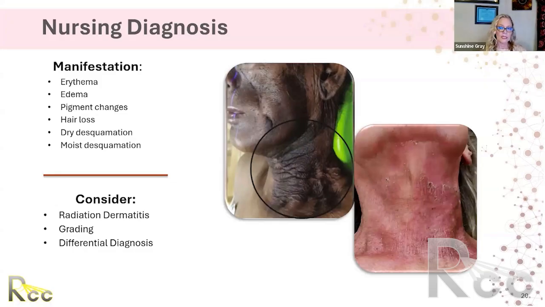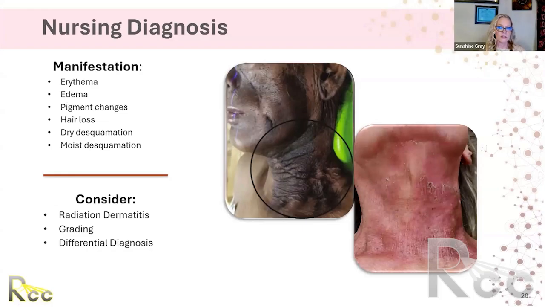So this is where we use our nursing critical thinking. What might be happening? Is it radiation dermatitis, or maybe is it something else? Using our clinical nursing judgment, we consider, if it's radiation dermatitis, what's the grade? Because this informs our nursing interventions. And we're going to talk more about grading here in just a second.